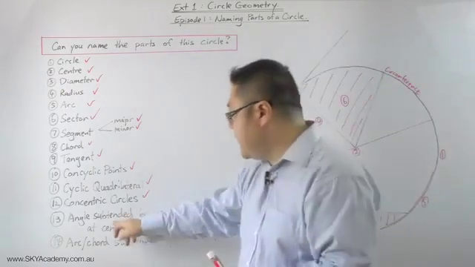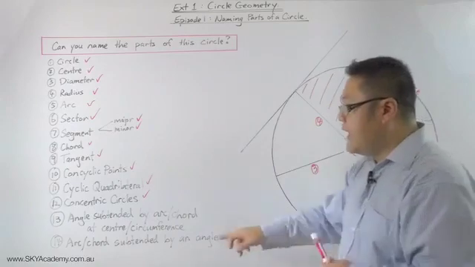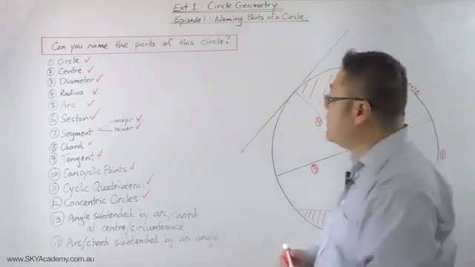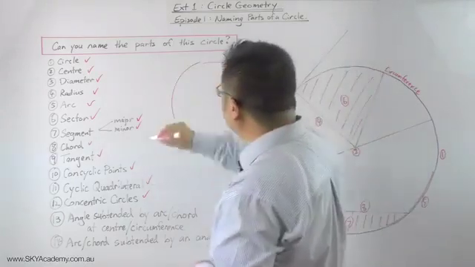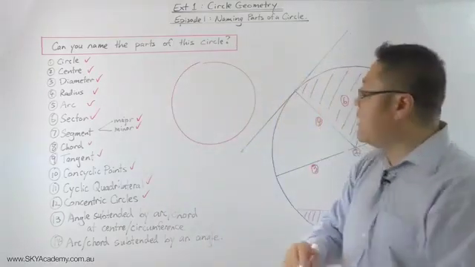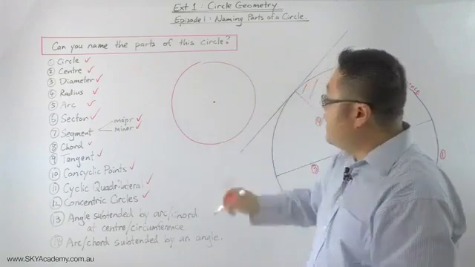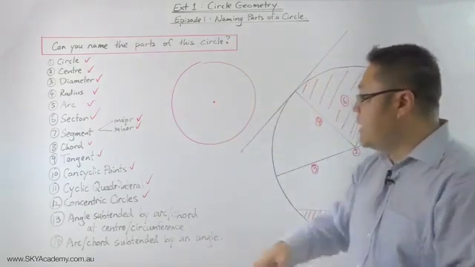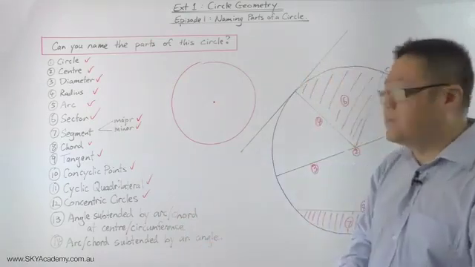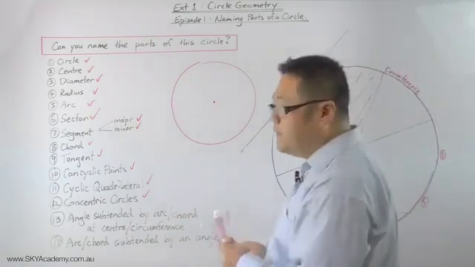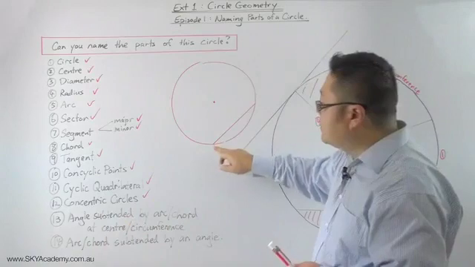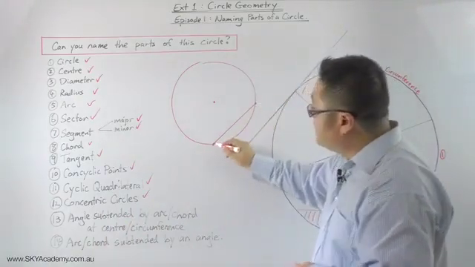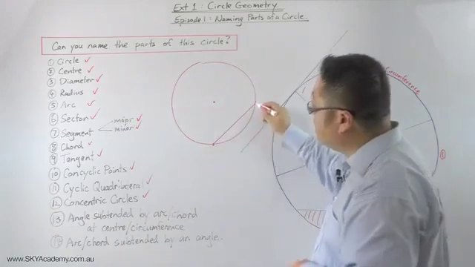An angle subtended by an arc or chord at the center or at the circumference. Okay, now let me go through this. So if you have a circle, as ugly as that might look, and you have a center there, an angle subtended by an arc or a chord at the center or circumference looks like this. So if you were to have a chord, can you also see that from this point to this point, you've either got the chord or you've got the arc, yes?